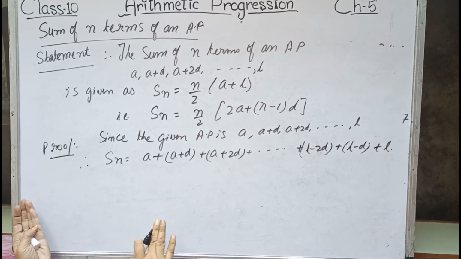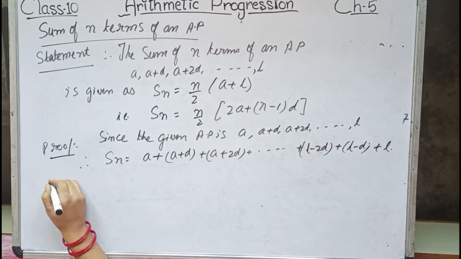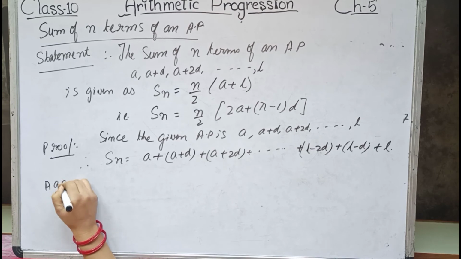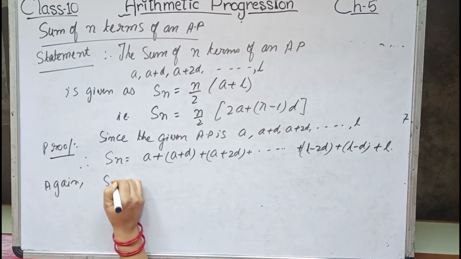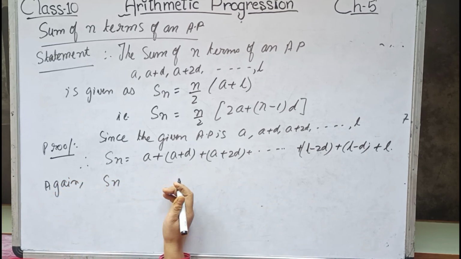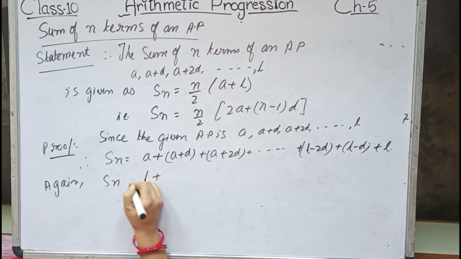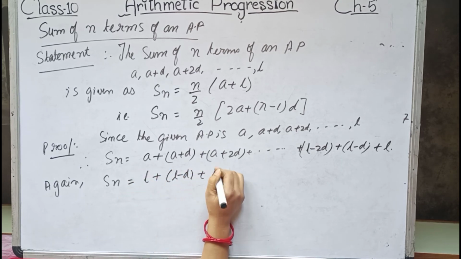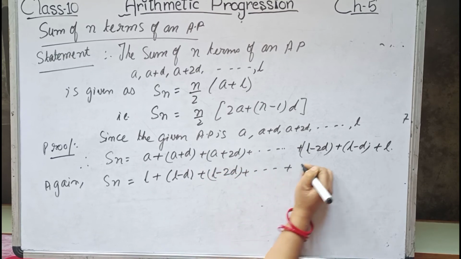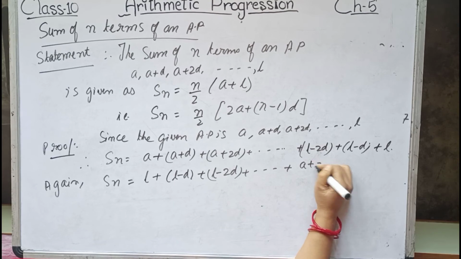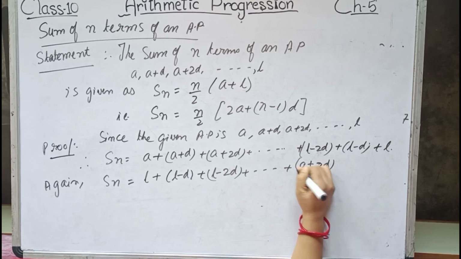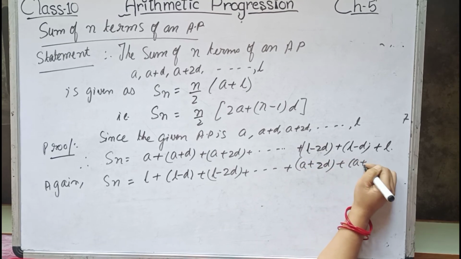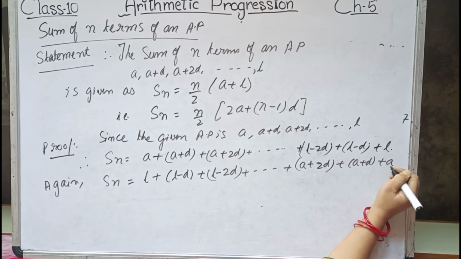Now we can write this in reverse order. Again, Sn equals l plus (l minus d) plus (l minus 2d) plus up to so on (a plus 2d) plus (a plus d) plus a.